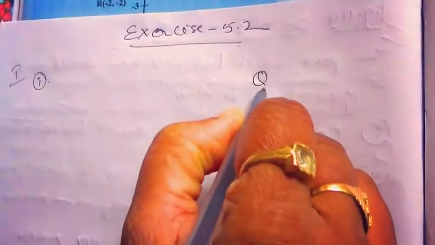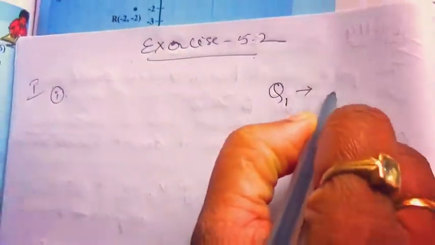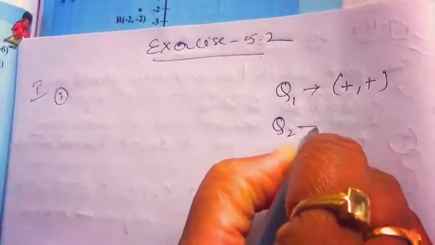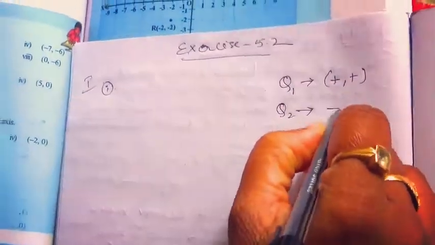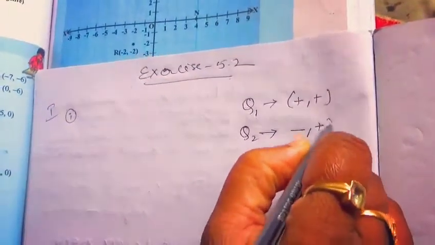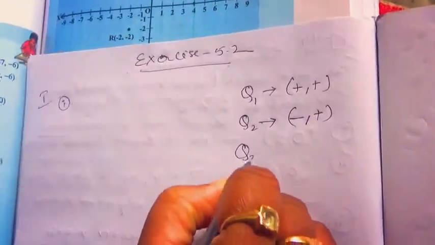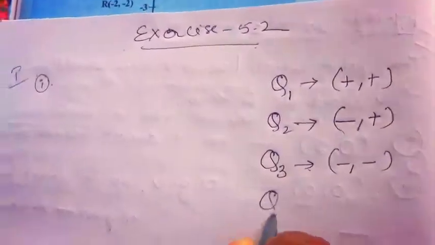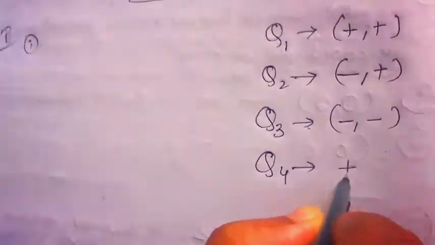In quadrant 1, that is Q1, all are positive, plus plus. In quadrant 2, the x coordinate is negative, the y coordinate is positive. In quadrant 3, both are negative. In quadrant 4, the x coordinate is positive, the y coordinate is negative.